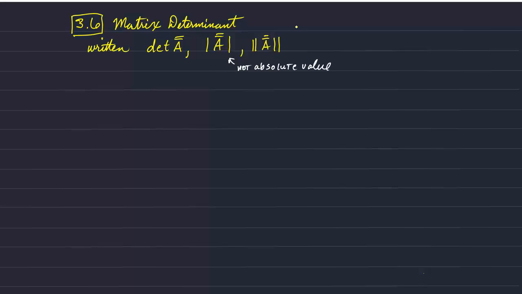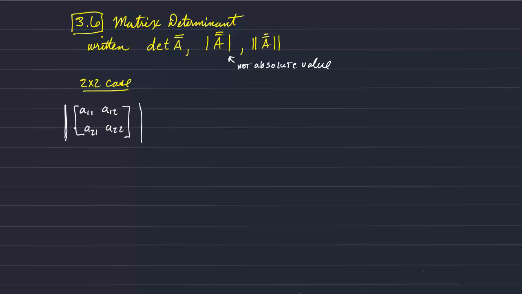So let's look at how to take a determinant of a 2 by 2 matrix. We'll write our matrix in terms of each of its components with the little a's, and we're taking a determinant, which again is denoted by the vertical bars. And for a 2 by 2 matrix, it's relatively simple.